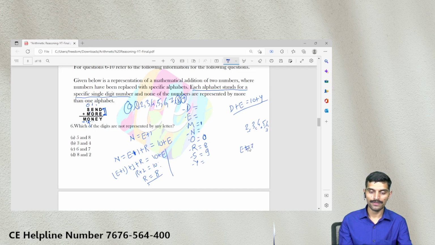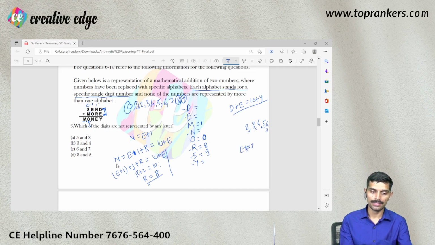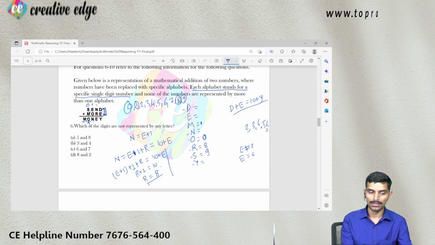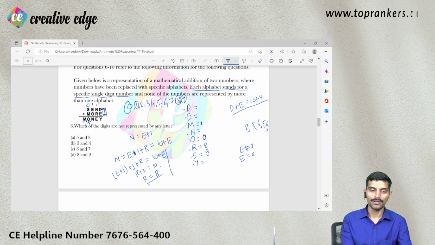E cannot be 7 because E plus 1 is N, and we already have assigned 8 to a digit, right? So E could be, at max, 6, right? If this is 6, this has to be 6, then only it is 12. If this is 6, the D has to be 7, 6 plus 7, 13. So 3, carryover is 1, right? These are the two possibilities.